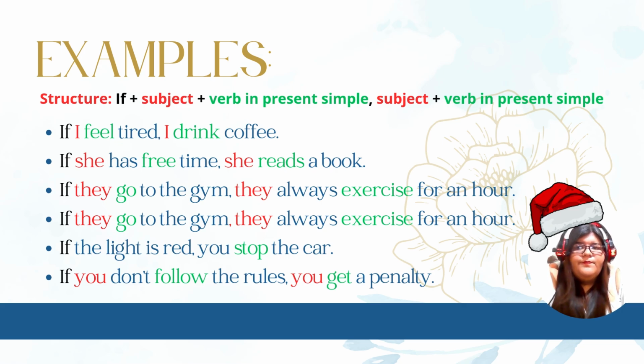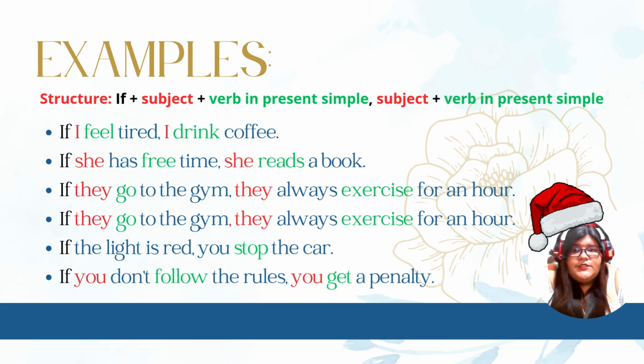For example, if she has free time, she reads a book. If you see here, we have an auxiliary verb, has, but maybe it is to give sense to the sentence, right? And then we have a book, that is the complement of the sentence. Then we have, if they go to the gym. You see, we have like two sentences in one, but in present simple.